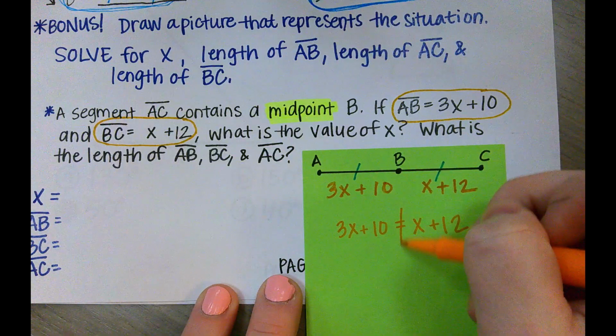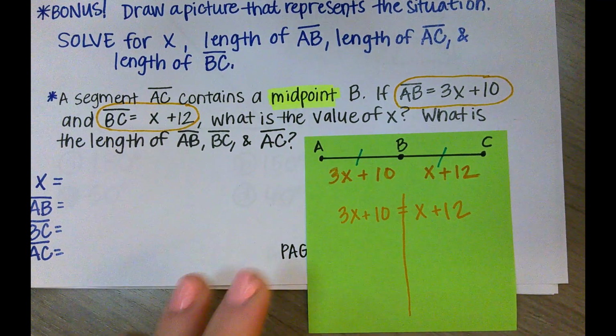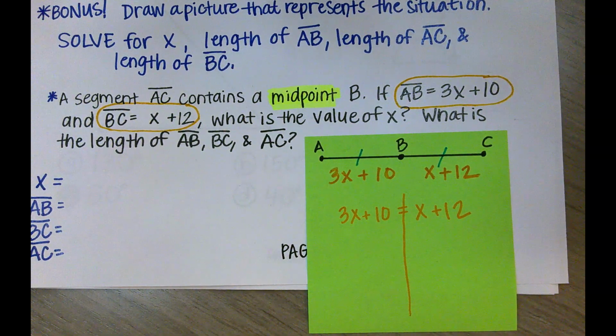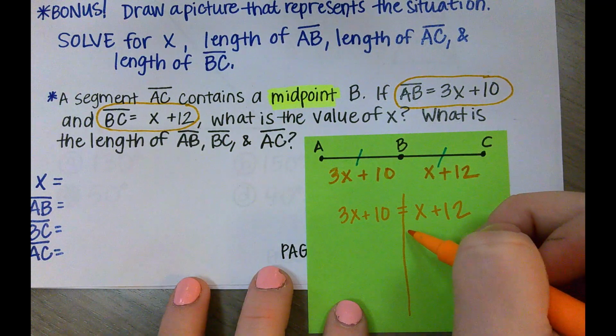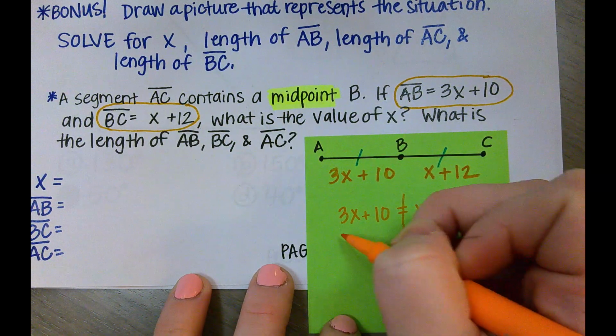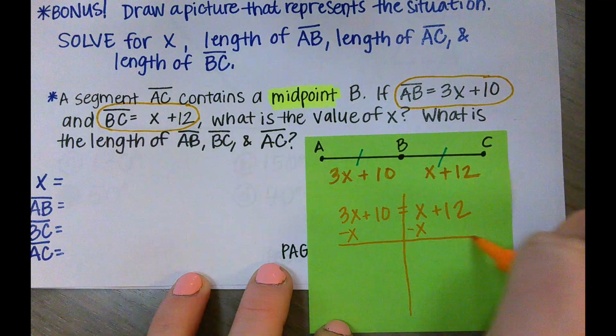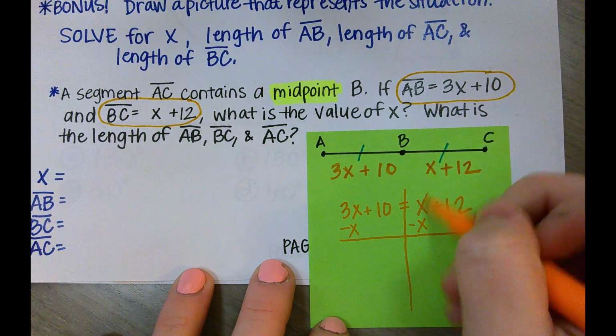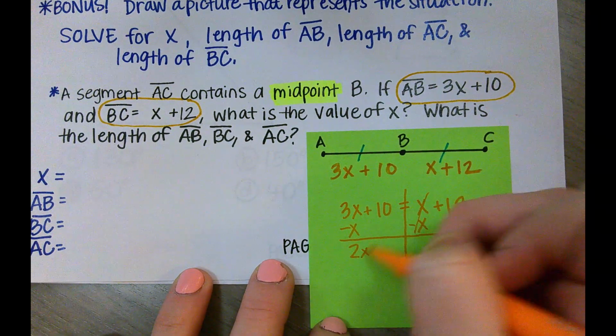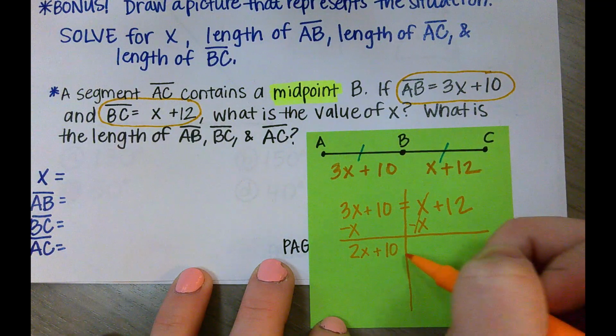Yes. Okay, so I'll draw a line down the middle. How do I get my x's together? Let's do the math. We'll subtract x from both sides. That leaves me with 2x plus 10 equals 12.